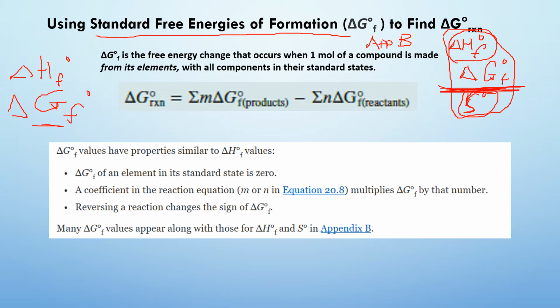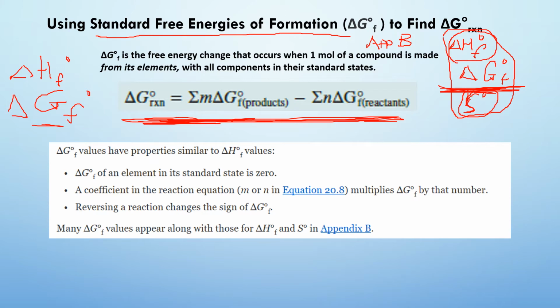So we use this equation. It's the exact same equation as we use to calculate the delta H or the delta S of the reaction at standard state. All you need to do is find the corresponding delta G_f naught for each species in the reaction, so you take the sum of the products minus the sum of the reactants.